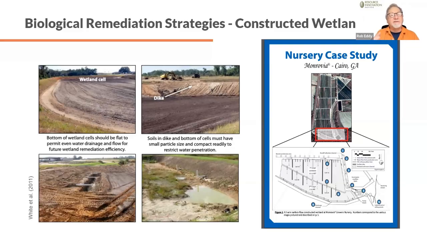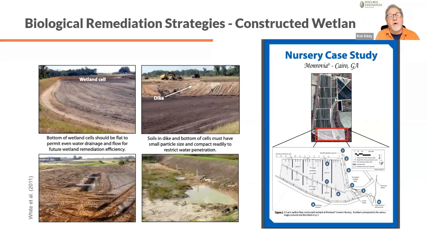I just want to point out that these tend to need a lot of land. So indoor farms may not have land, but greenhouses tend to have it. So here are some slides to give you an idea of how large that is. And the overhead aerial view in the photograph on the right, of Monrovia Nursery, can show you that the red box is where their constructed wetland is.